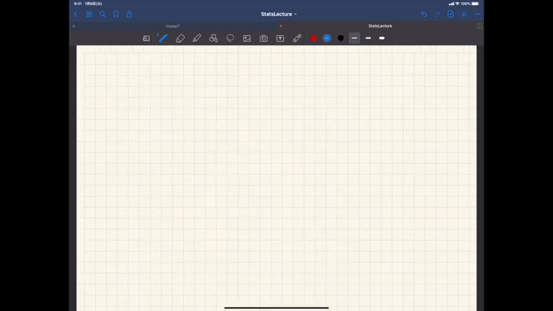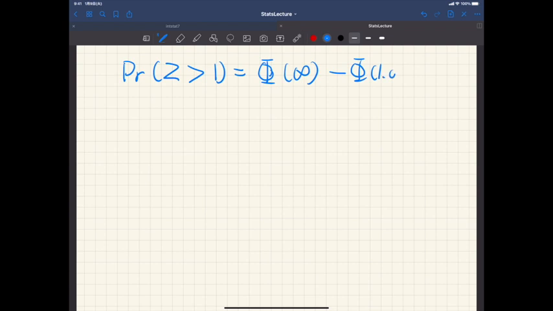Sometimes it is very handy if you remember some particular values for the cumulative distribution function of the normal distribution. For example, the probability that the standard normal random variable is greater than 1 is given by phi of infinity minus phi of 1.0, right?